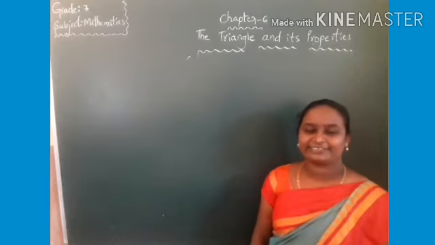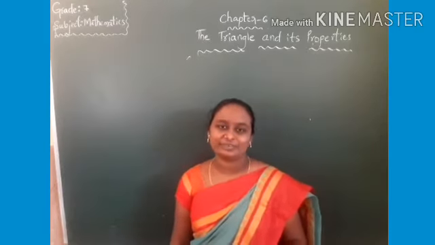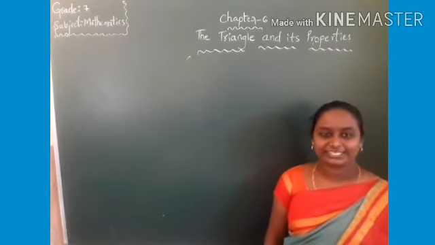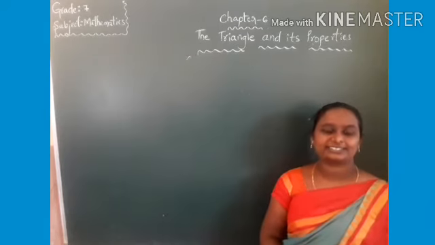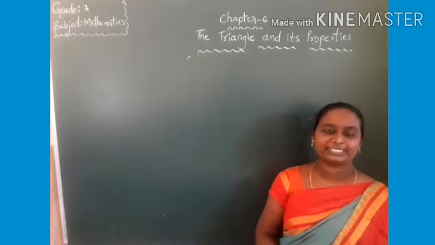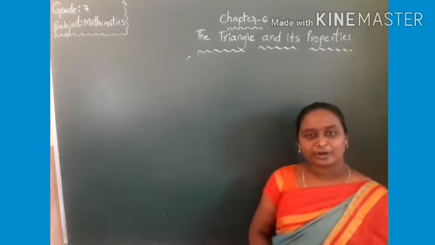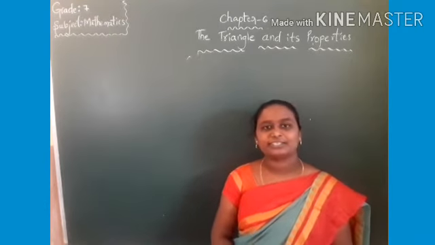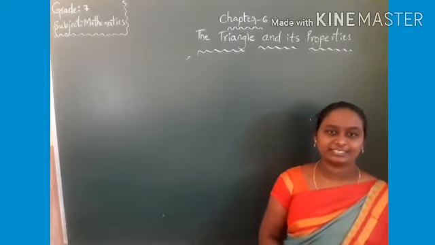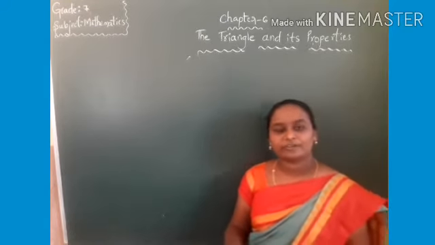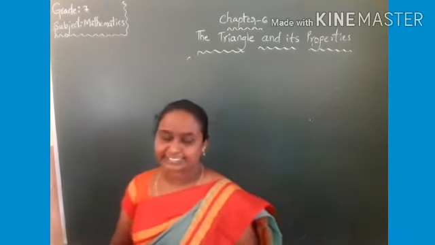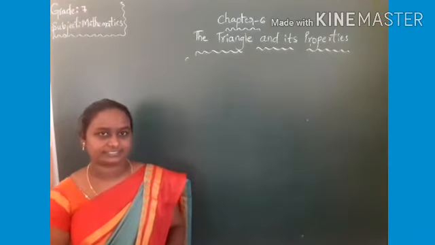Before starting our class, once again we have to recall. So what did you learn in the previous class? Yes, triangle properties. How many types of properties have you learned? Two types. What are they? An exterior angle is equal to the sum of its two interior opposite angles.